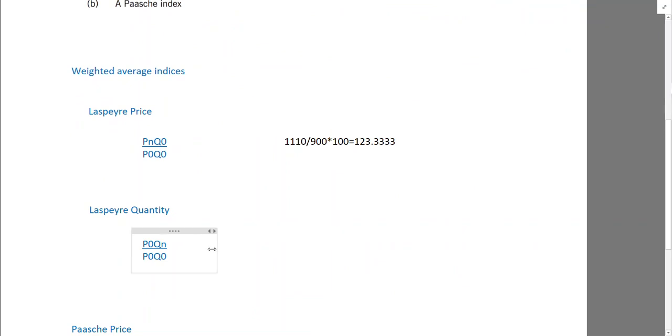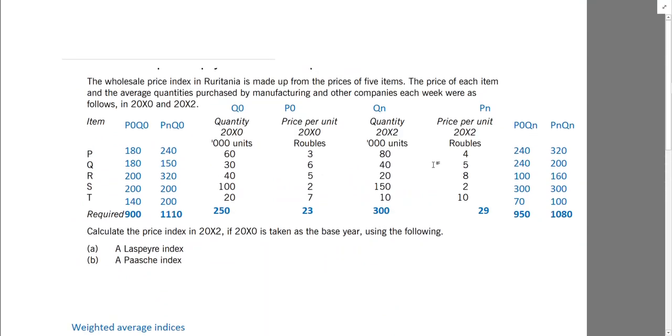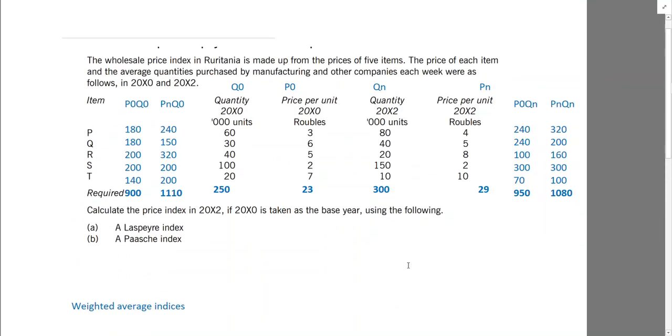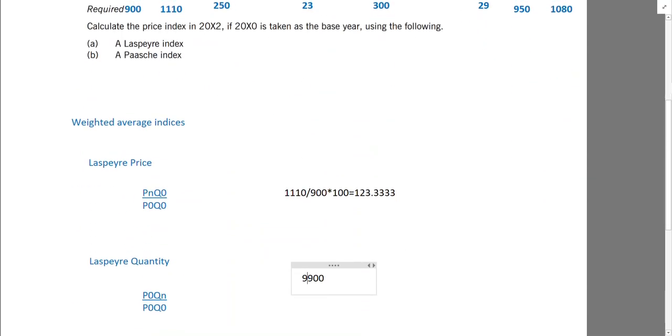So in quantity index, we will look at the quantity change and we will keep the price the same. So the base of that one is P0 and Qn, which is 950. Divided by the base and multiplied by 100 becomes 105.